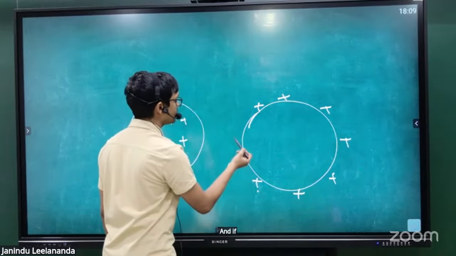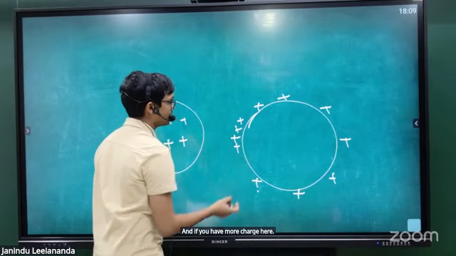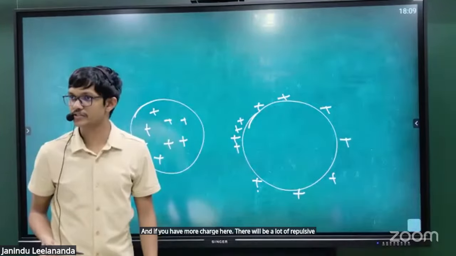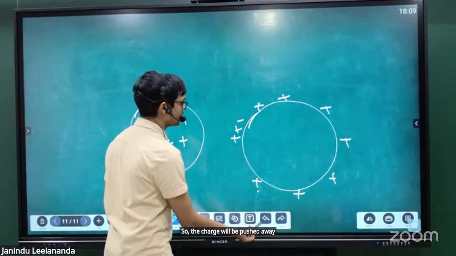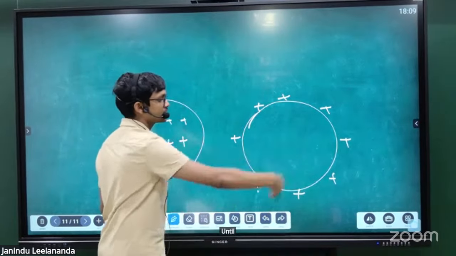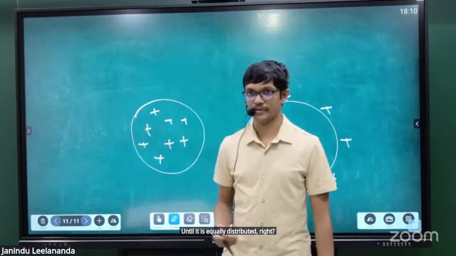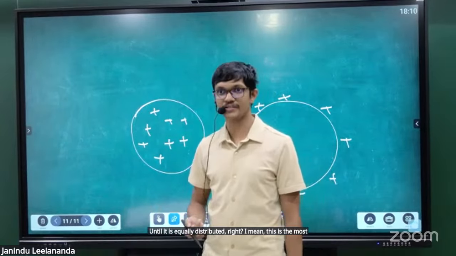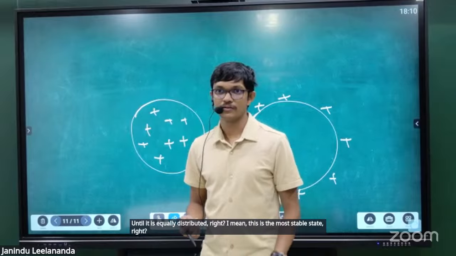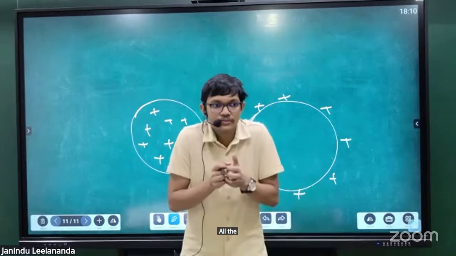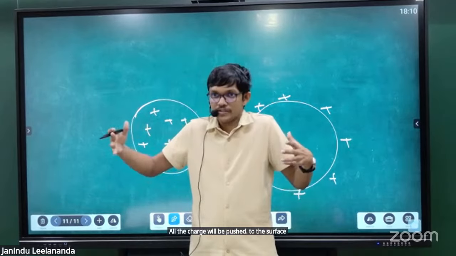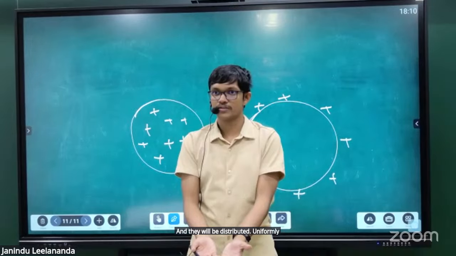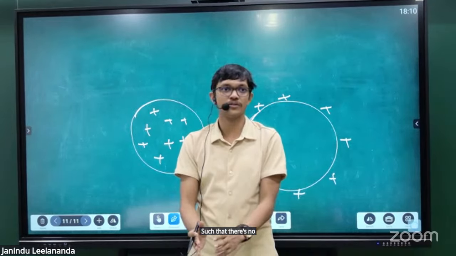And if you have more charge here, there will be a lot of repulsive forces here. So the charge will be pushed away until what? Until it is equally distributed, right? This is the most stable state. All the charge will be pushed to the surface due to repulsive forces, and they will be distributed uniformly such that there's no resultant force on anyone.